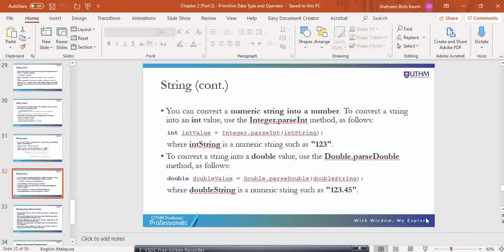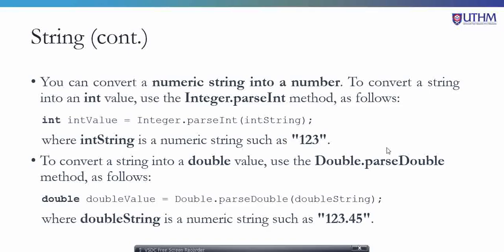You can convert a numeric string into a number. To convert a string into an int value, use the Integer.parseInt method. As follows, int integer value equal to Integer.parseInt integer string, where integer string is a numeric string such as 1, 2, 3.